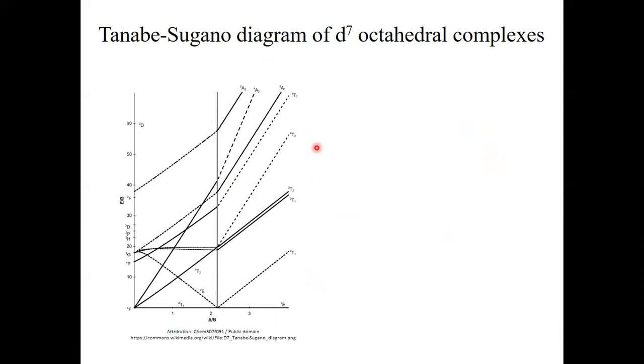Okay, now let's go to the d7 octahedral complex. For the d7 octahedral complex, we have the quartet term for the ground state of the high spin complex, and the doublet term for the low spin complex.